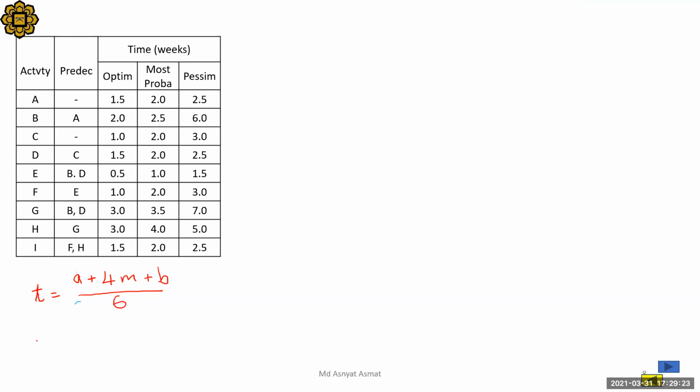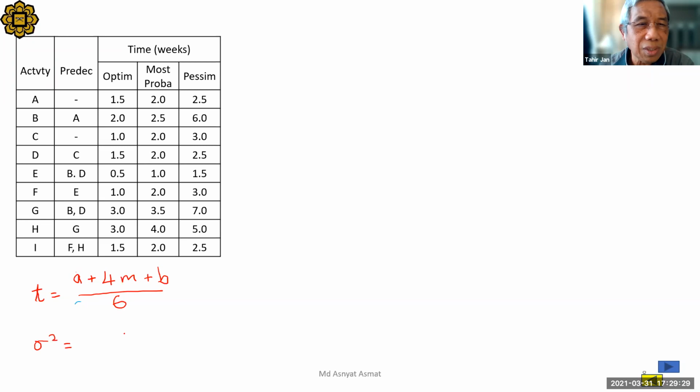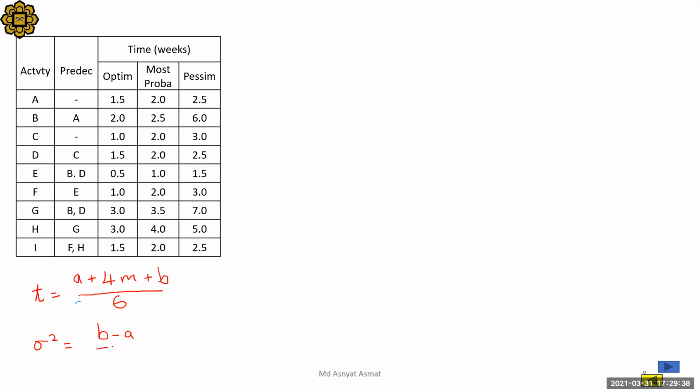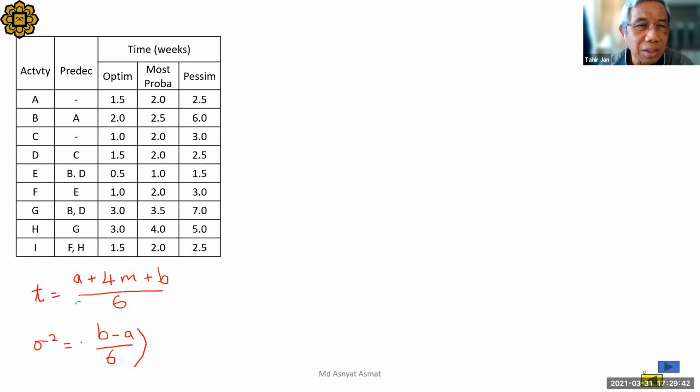And then we have to find the activity variance. What's the formula? B minus A over 6, then all this squared.